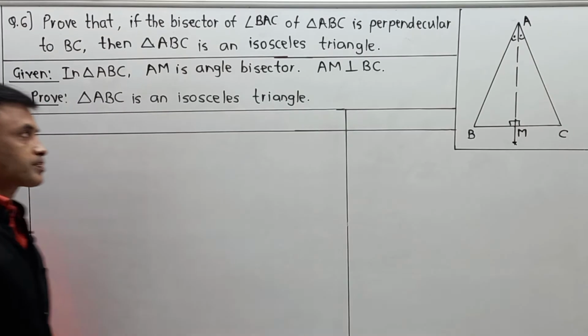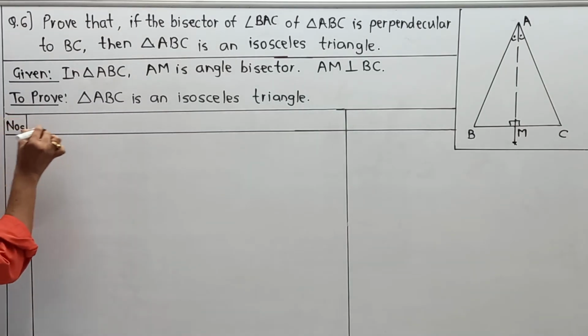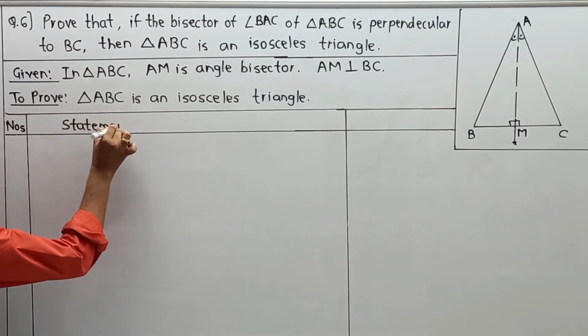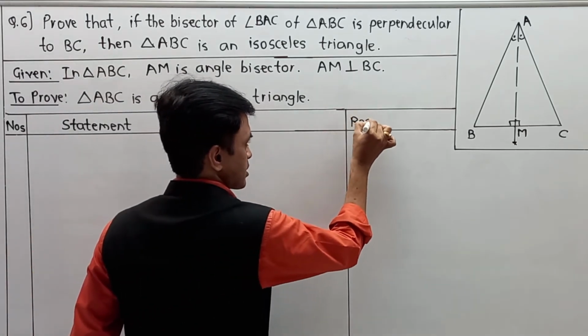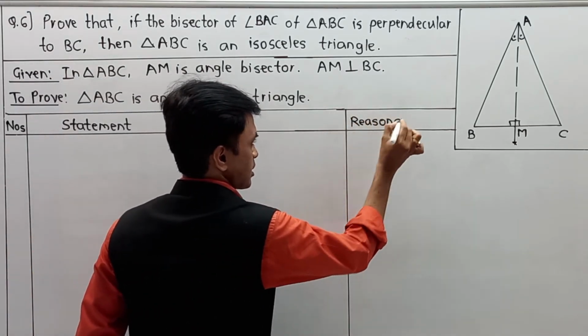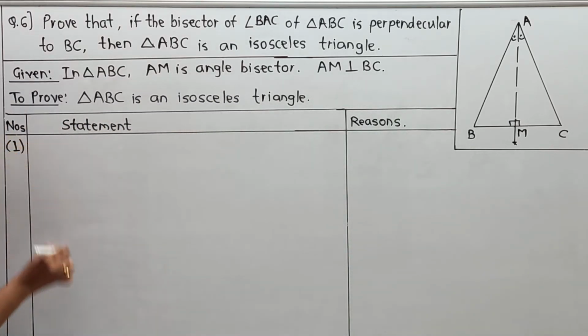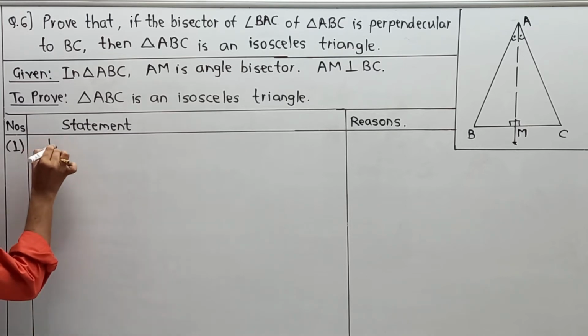So I am going to write the answer in the form of a proof, with numbers, statements, and reasons. Now, one by one, starting with triangle AMB and triangle AMC.